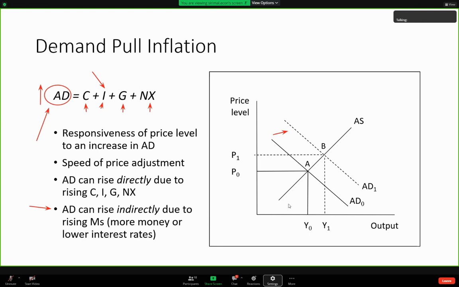So aggregate demand goes up because of the interest rate effect. The price level rises in response to these things. That is demand pull inflation.